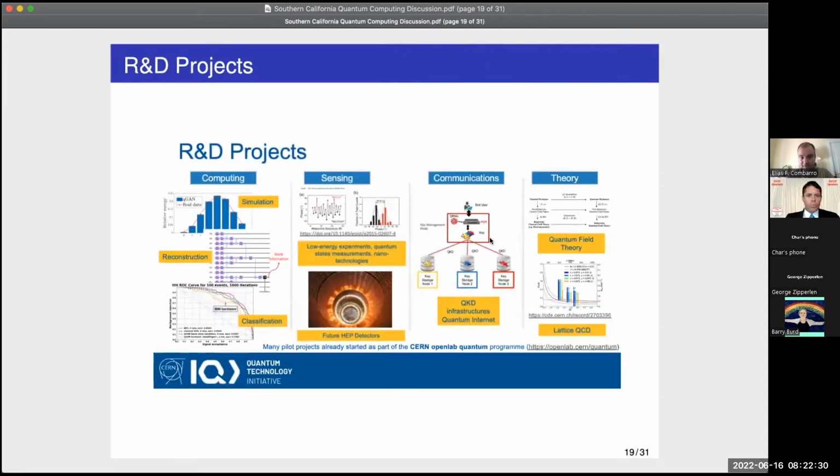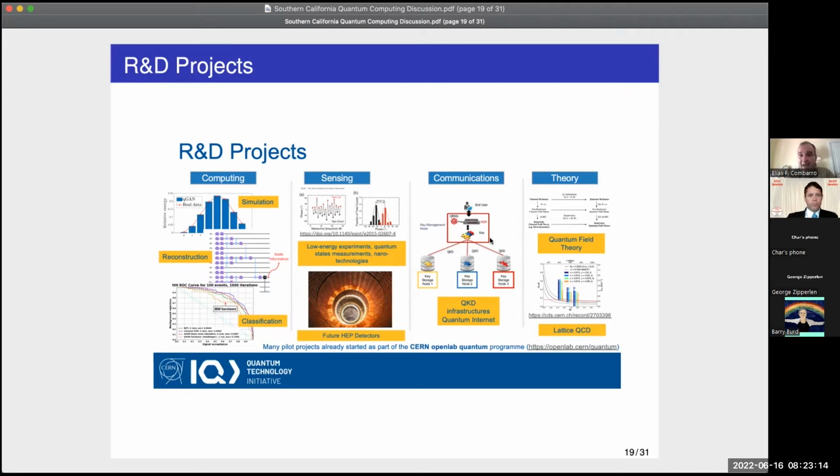In particular, this Quantum Technology Initiative at CERN is focused on 4 different ways of applying quantum technologies to real-life applications. Of course, they are interested in quantum computing, but also in quantum sensing, quantum communications, and quantum theory. My work has been primarily on quantum computing, and especially on the applications of quantum machine learning, but there are many different projects going on in all these aspects of quantum technologies.